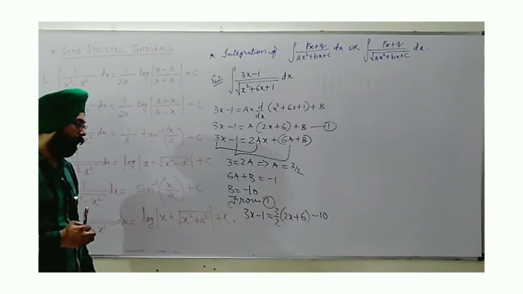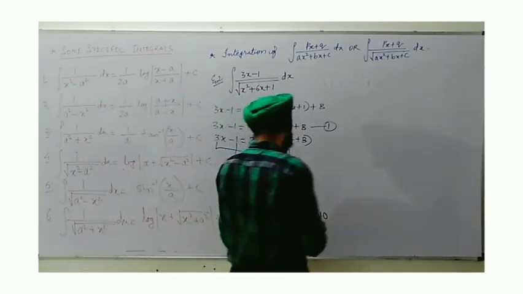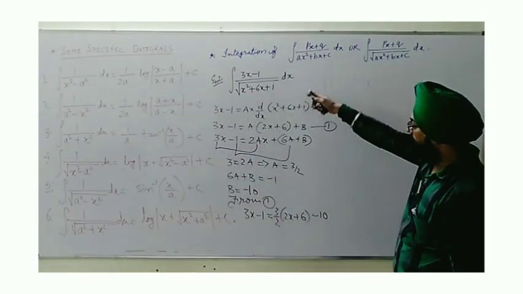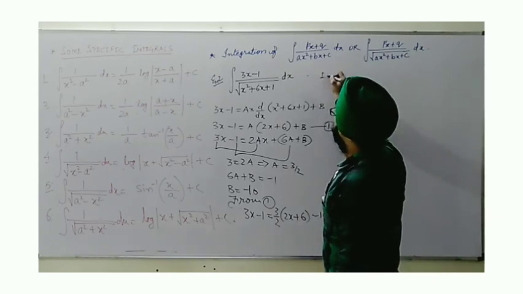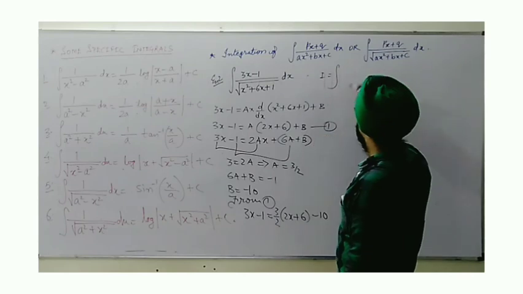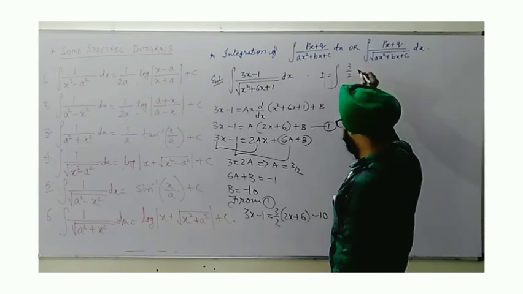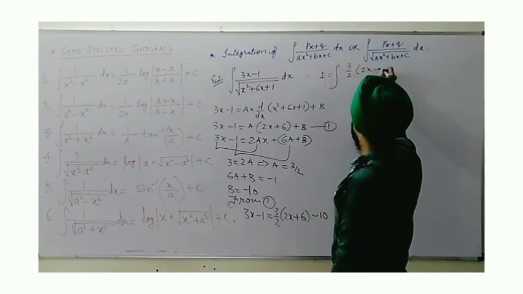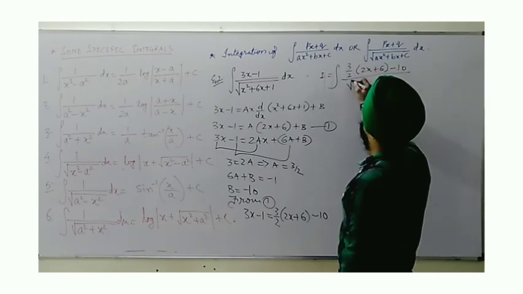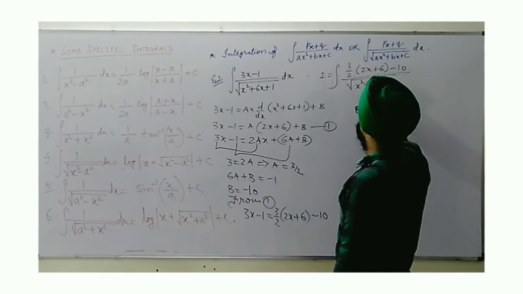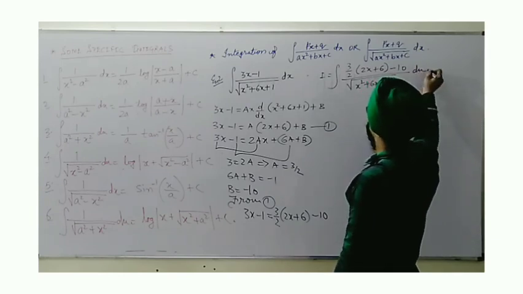You get it? Now this we will use in the integral directly. I can be written, in place of the numerator, as integral of 3 upon 2 times 2x plus 6, minus 10, upon under root x square plus 6x plus 1 dx.